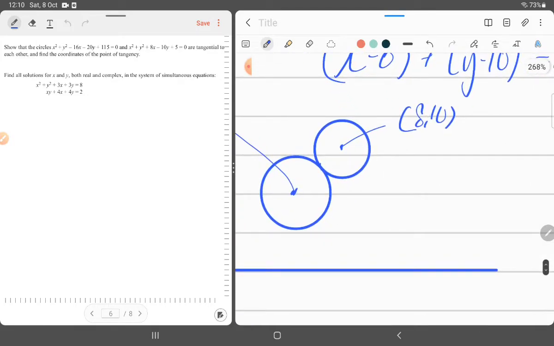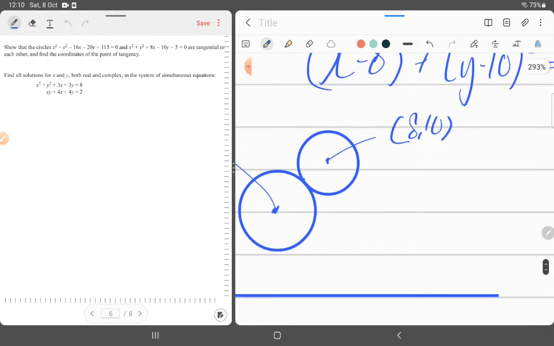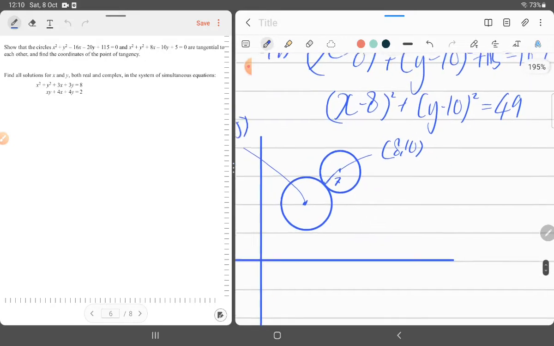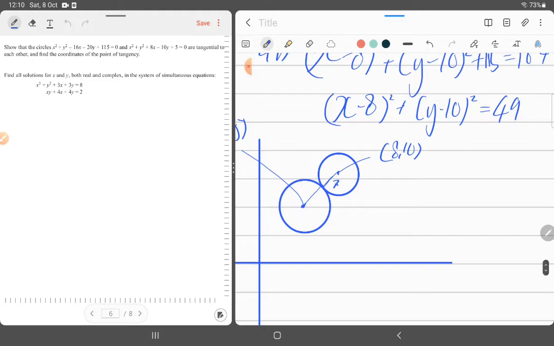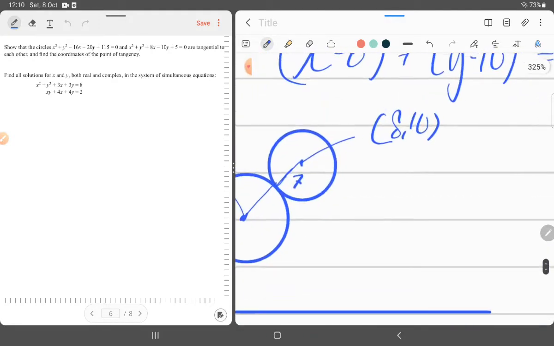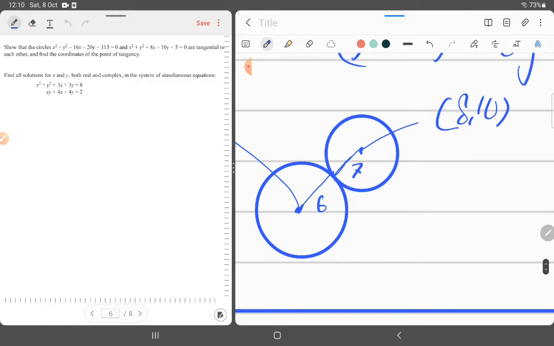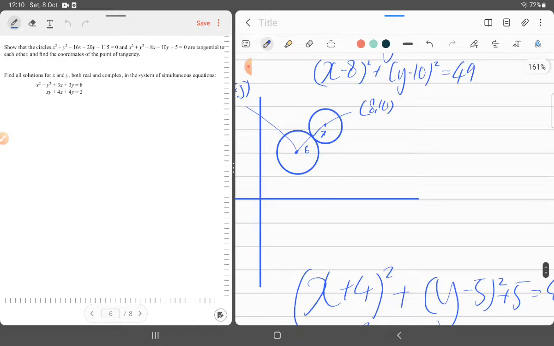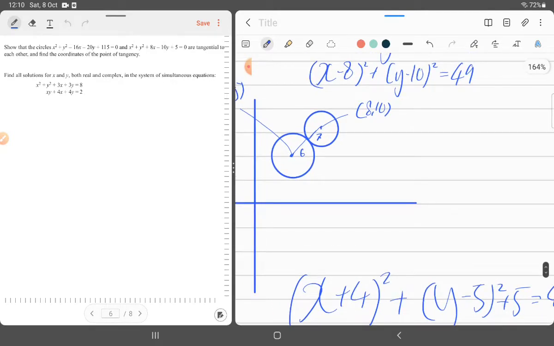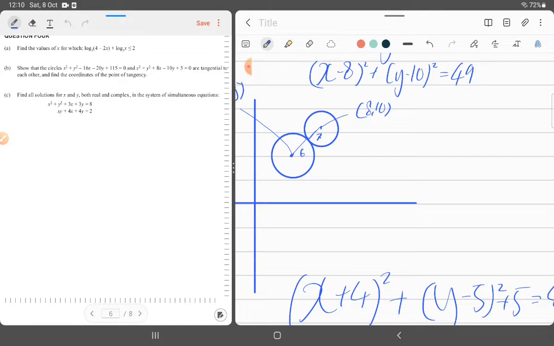This is not drawn to scale, but this has a distance of 7, and this has a distance of 6 because of the radius. Can I just equate them?